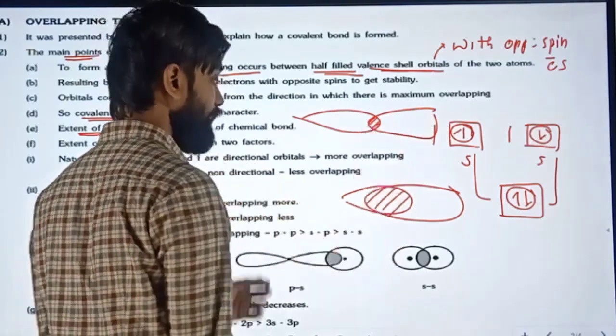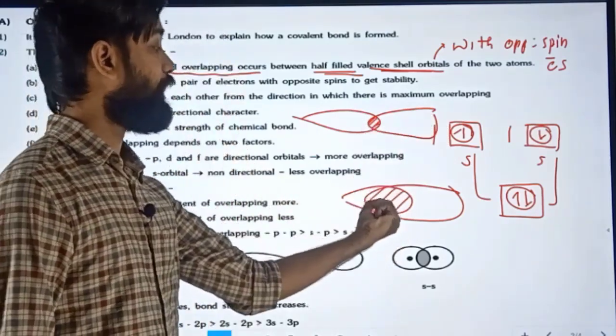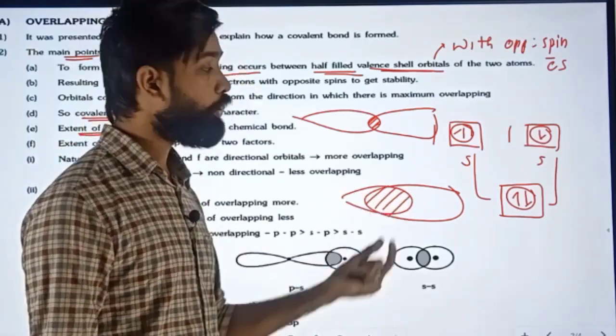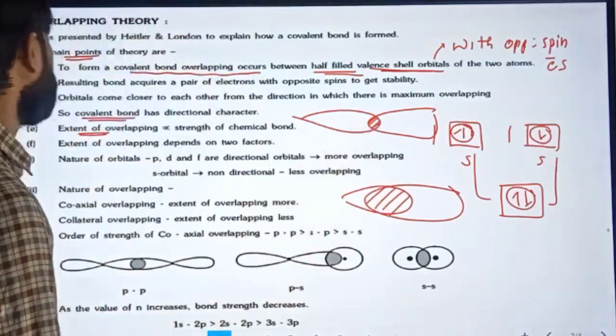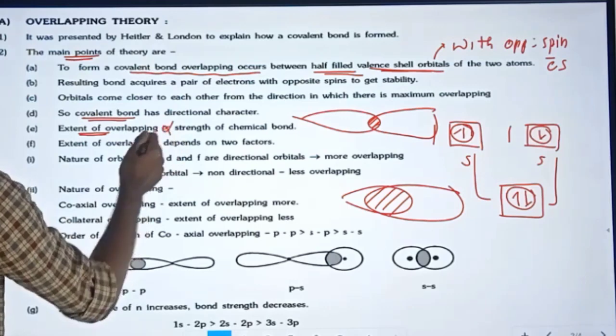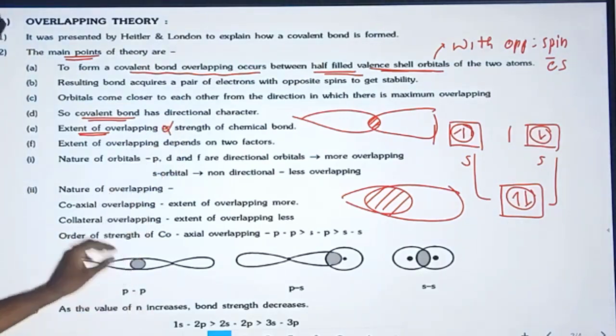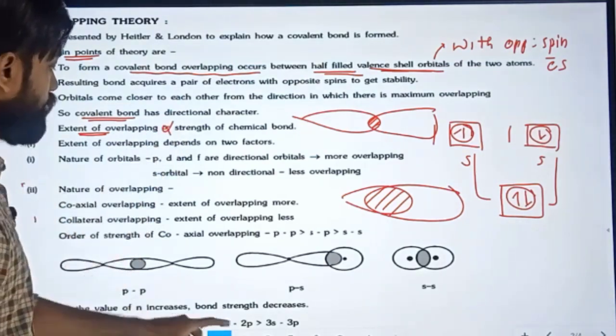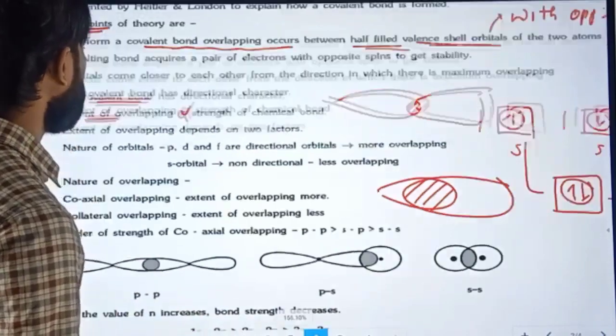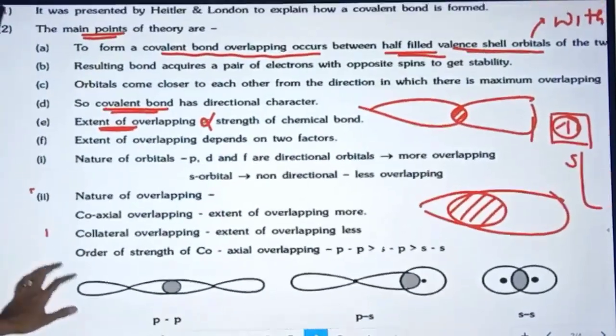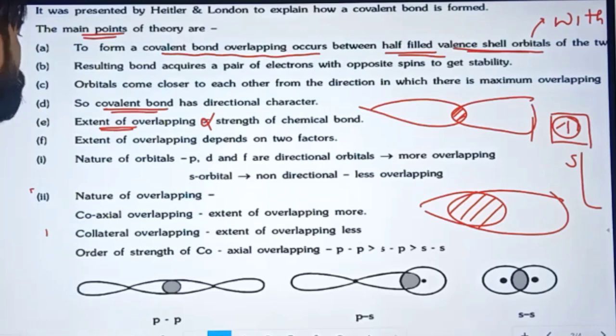These two have different extents of overlapping. This one has a greater extent, which means this bond is strong, whereas this is a weak one. So the extent of overlapping is directly proportional to the strength of the chemical bond.